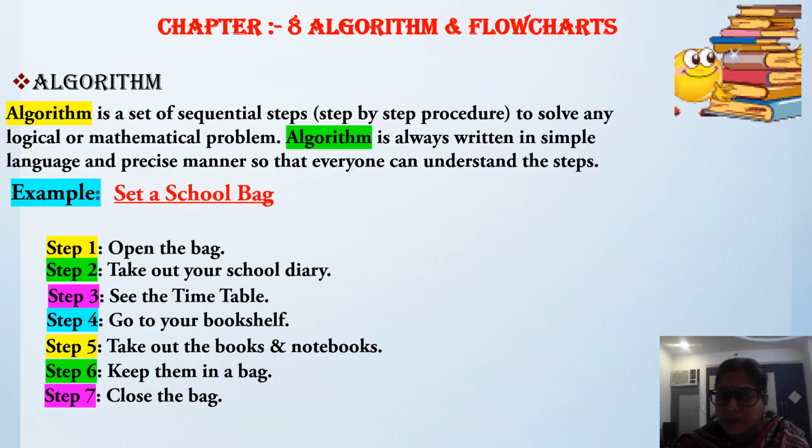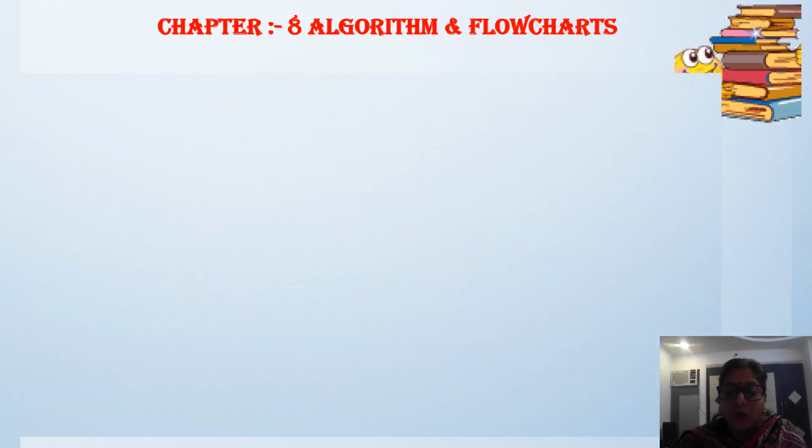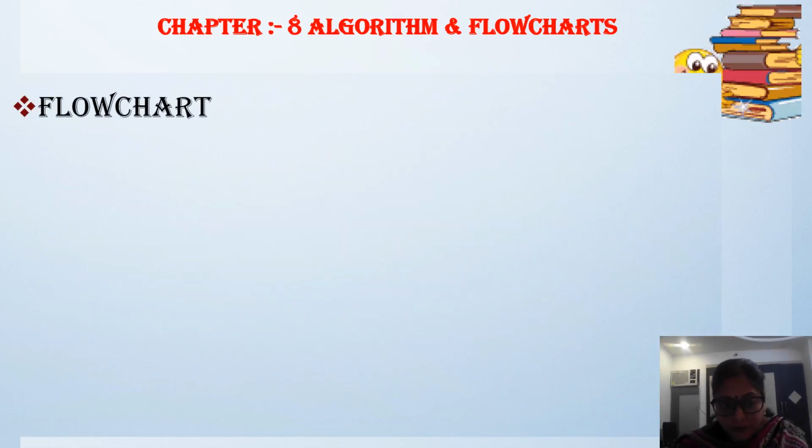Then step number 6, keep them in a bag. And close the bag. This is called setting a school bag with a step-by-step procedure. So this procedure we call an algorithm. Okay. Now, what is a flowchart?